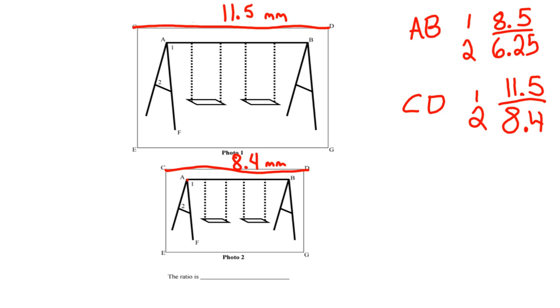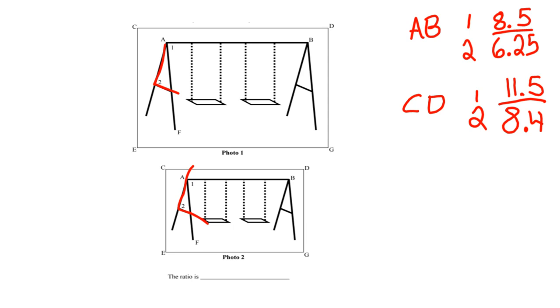Let's do the same thing here, but instead of looking at a line, let's look at an angle. We'll take angle B. Angle B is going to be right in here, in this swing set, the same thing on both. Looking at angle 2, it looks like it's going to be equal.